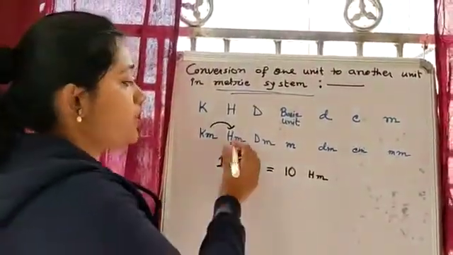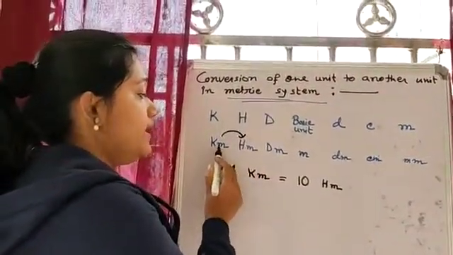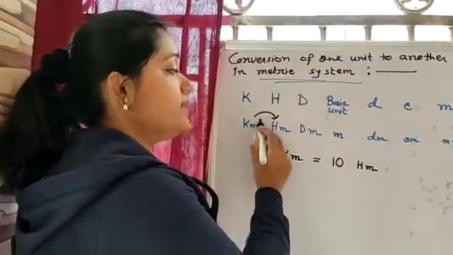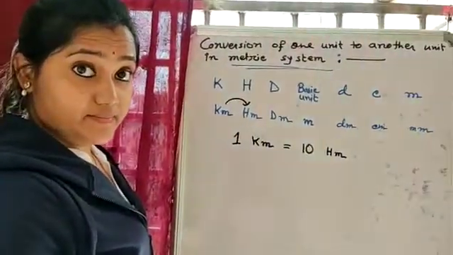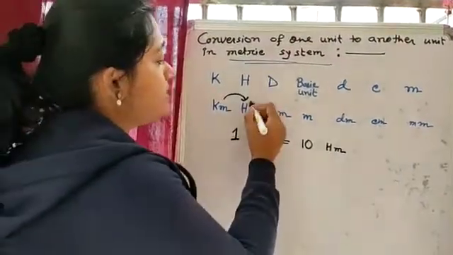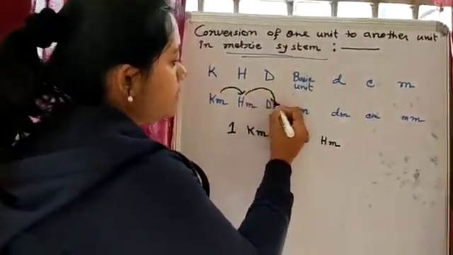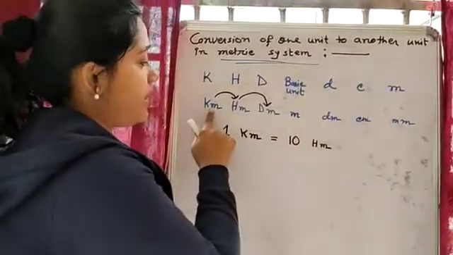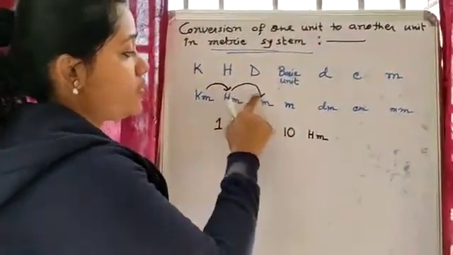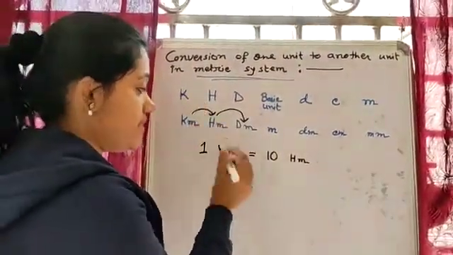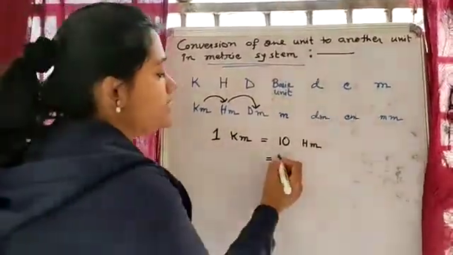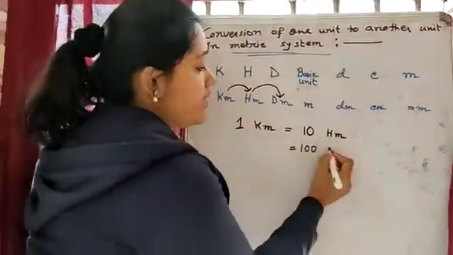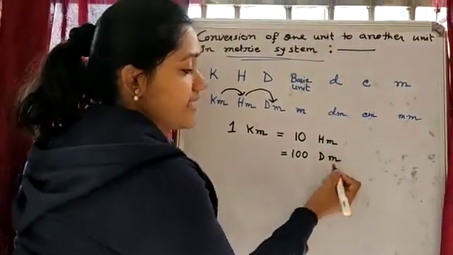Again, 1 kilometer is equal to how much decameter? How many steps am I jumping? 2 steps. 1 kilometer is equal to 100 decameter.